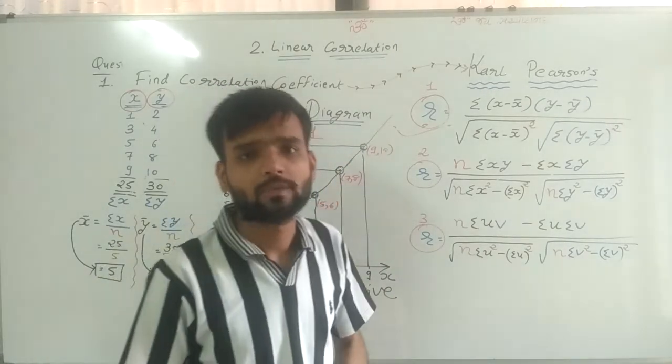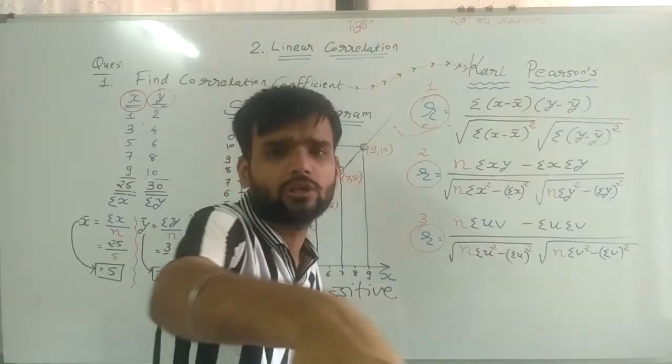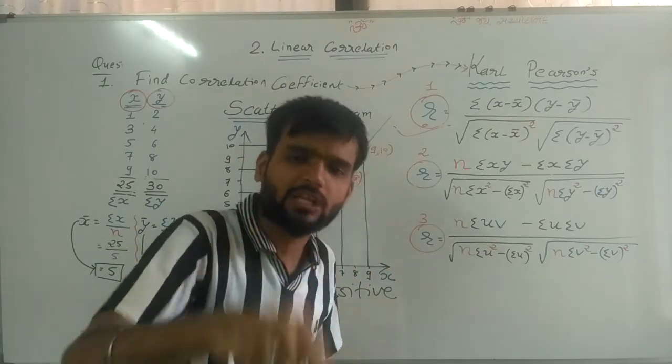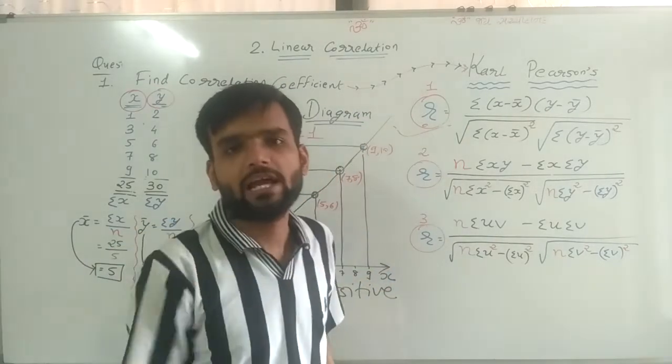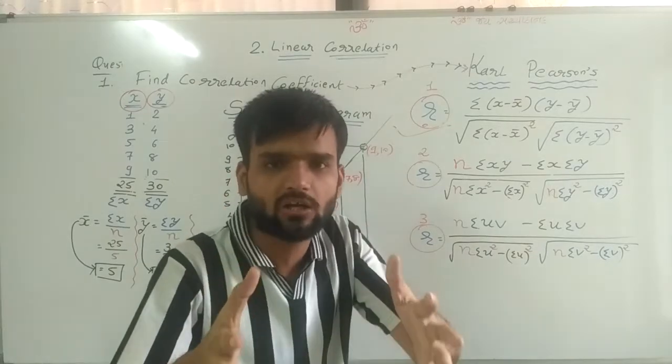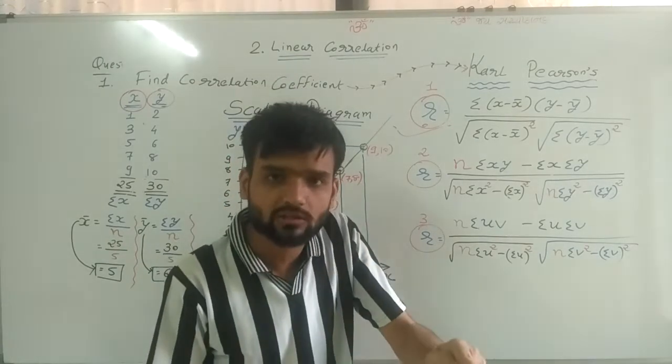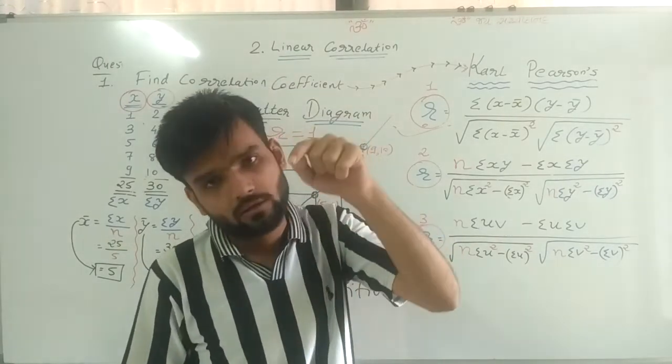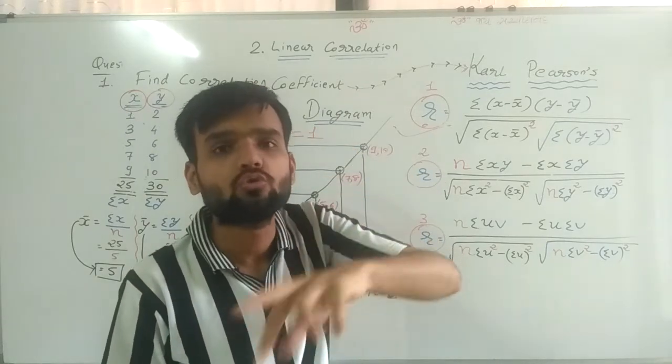But Spearman said it is possible in attributes also, and gave the formula to find the correlation coefficient between two attributes.